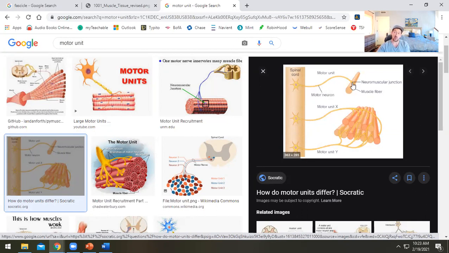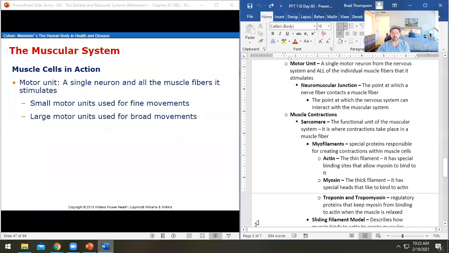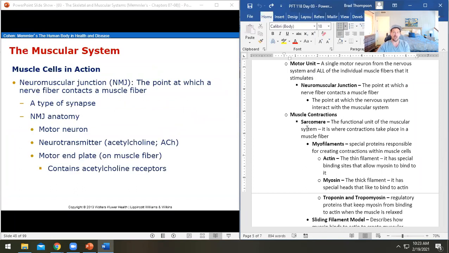So this might be a really weak contraction, and this is a really strong contraction down here. So you do have small motor units for really fine little tiny movements, and you've got large motor units for your broad movements, such as squatting or bench pressing or deadlifting or rowing or whatever.